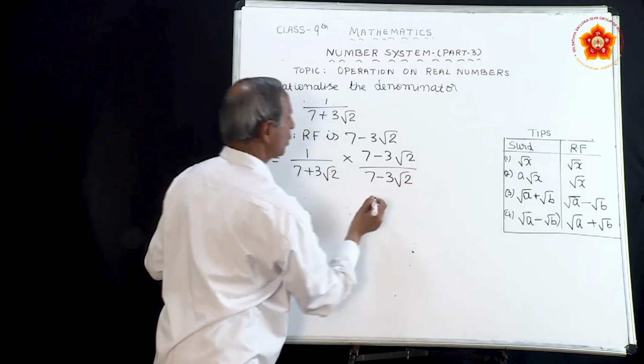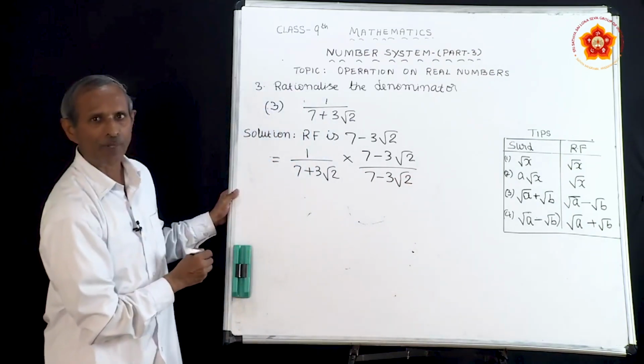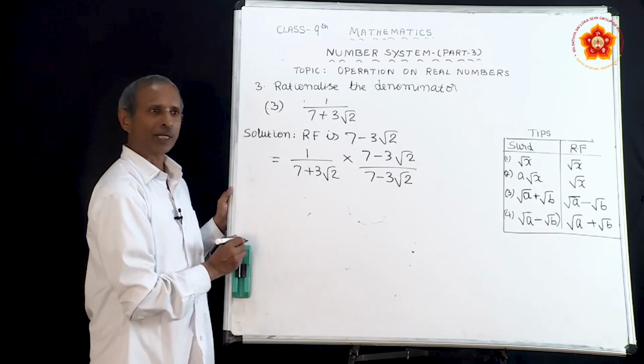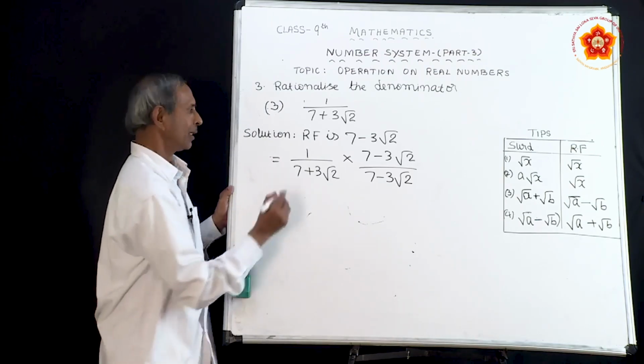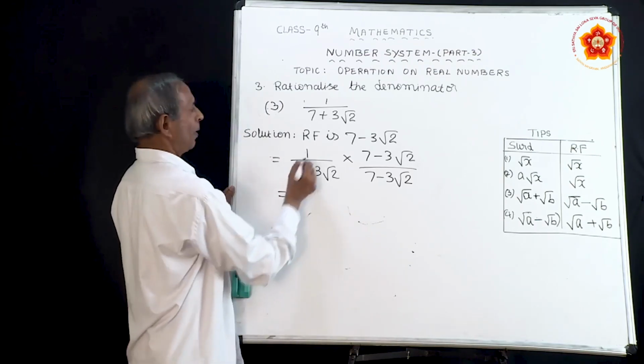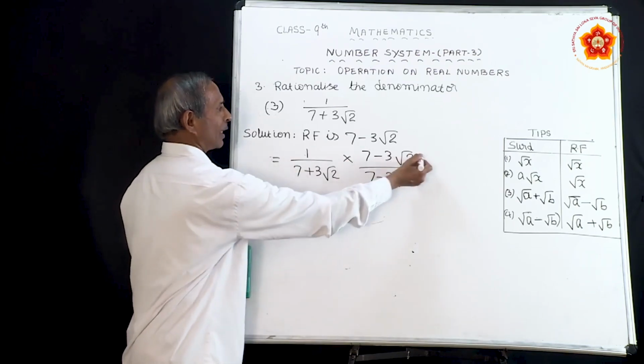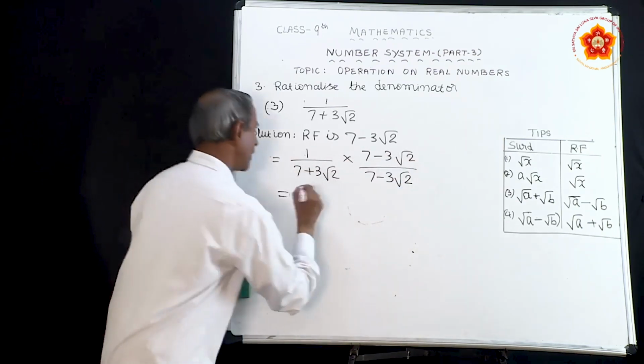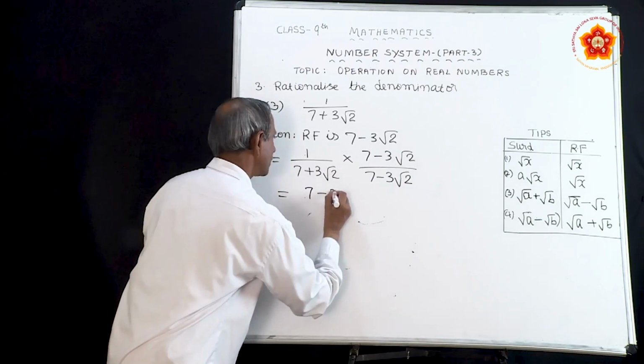We are multiplying both the numerator and denominator by the same number, so its value doesn't change. Now let us multiply. Multiplied by 1, the value doesn't change, therefore the numerator becomes 7 minus 3 root 2 only.